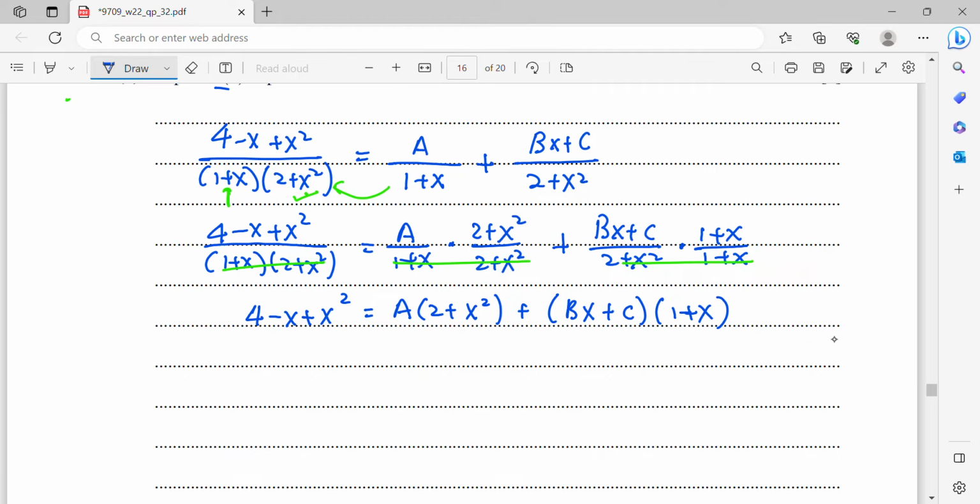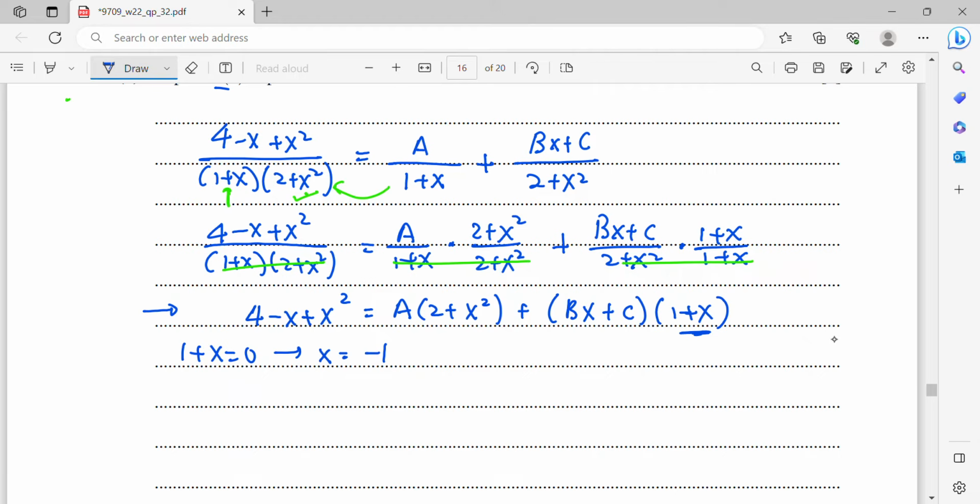So now to get A, B, C, all the unknowns, the easiest method is to let the factor be 0. So I will let 1 plus x be 0. Therefore, my x will be minus 1. So now replace x equals to minus 1 in this previous step.